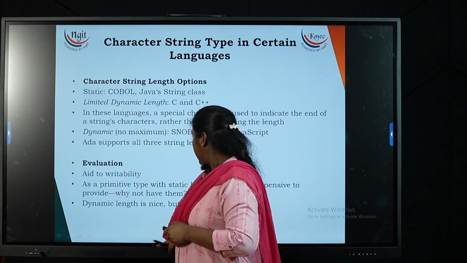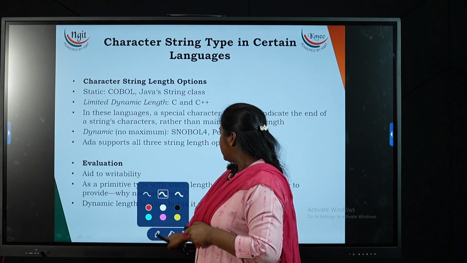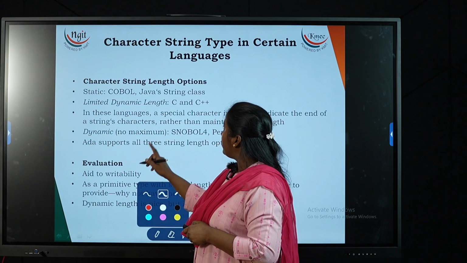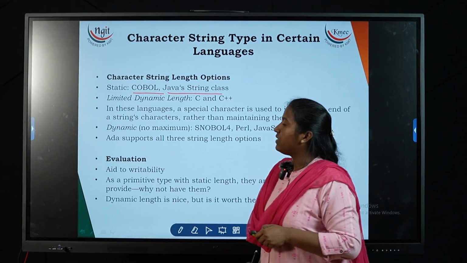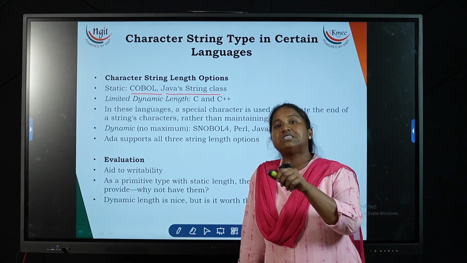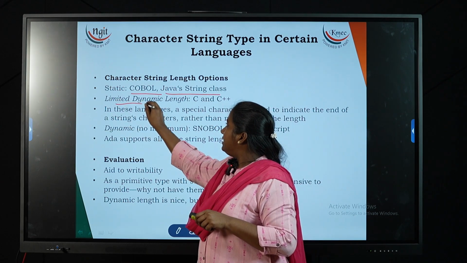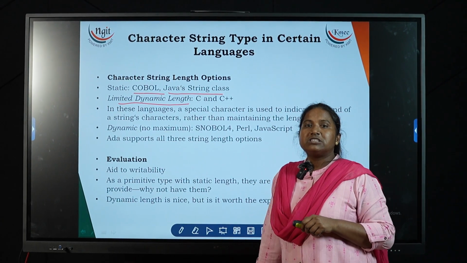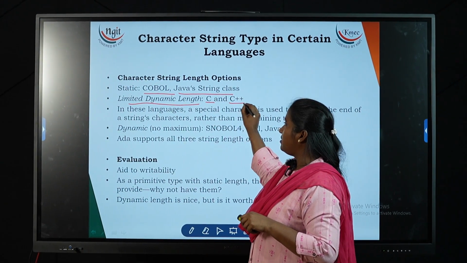The length of the string is written in the program. The programming languages which accept it are COBOL and Java. These are the programming languages which accept string with a static length. And the other one is limited dynamic length. This it can accept in the languages C and C++.